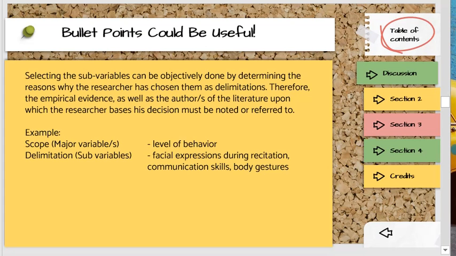Selecting the sub-variables can be objectively done by determining the reasons why the researcher has chosen them as the limitations. Therefore, the empirical evidence, as well as the authors of the literature upon which the researcher bases his decision, must be noted or referred to. Okay?